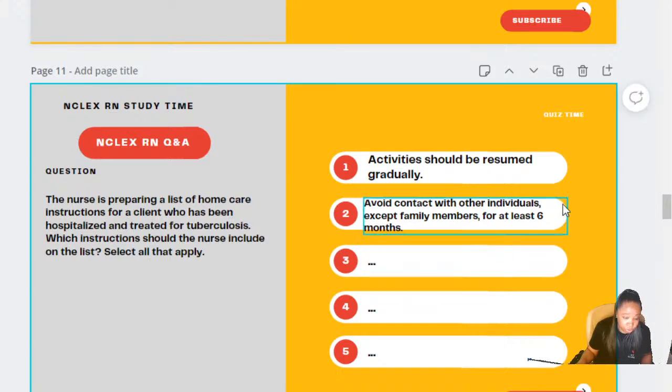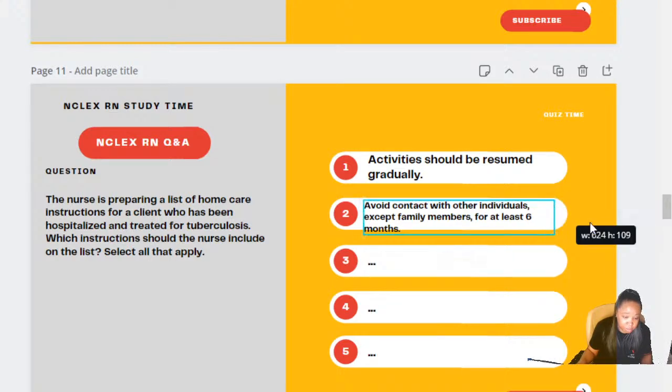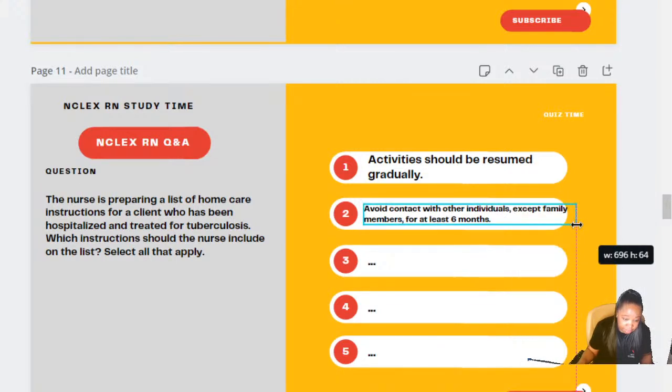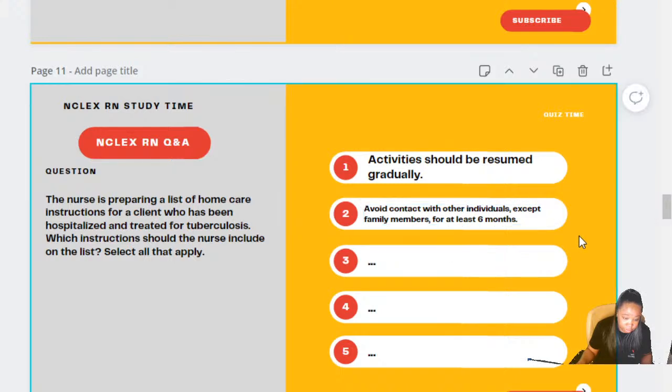Also, if the patient has TB, what do you think happened to the family members? There's a good chance that the family members already have it too. You see? That's why we have to be careful about that kind of question, right? It says avoid contact with other individuals. Other individuals I can understand, but except family members for at least 6 months.